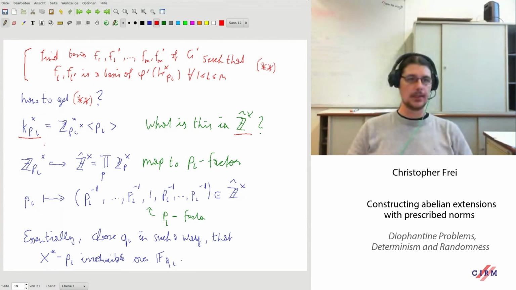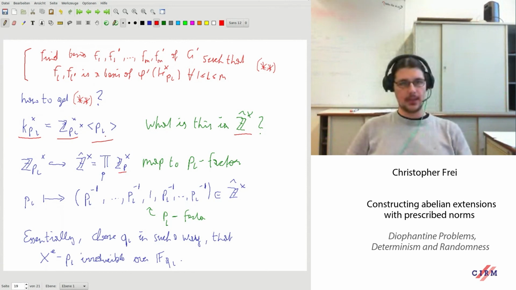So KPL star, I mean, that's a local field, so it's a copy of the local units, Z PL star, times powers of a uniformizer, and of course PL is a uniformizer. So it's clear how Z PL star maps into Z hat star, because Z hat star was just a product over all these Z P star, and PL is one of these factors. So I just map Z PL star to the PL factor here.